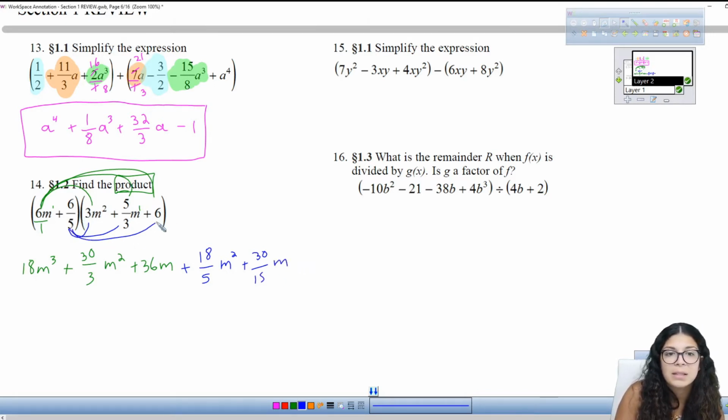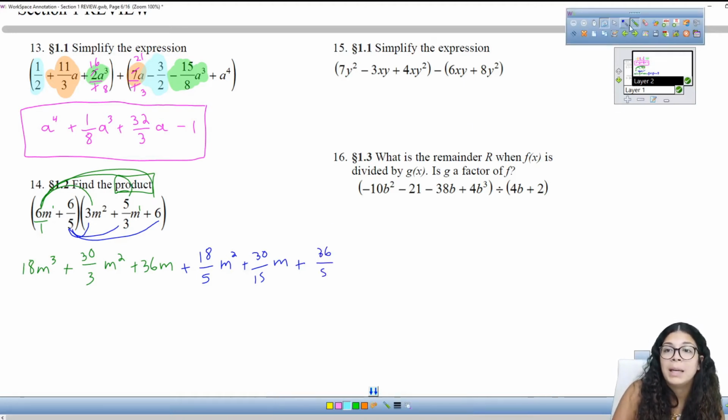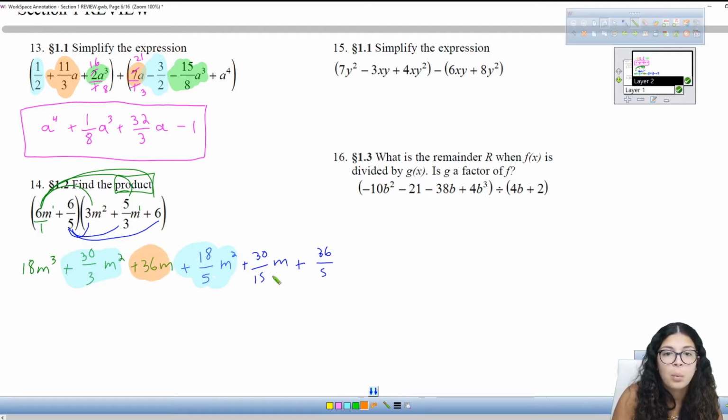And then lastly, 6/5 times 6. 6 times 6 is 36, and the denominator stays. Now, all we gotta do is combine like terms. So we can combine m squared with m squared, and we can combine m with m.